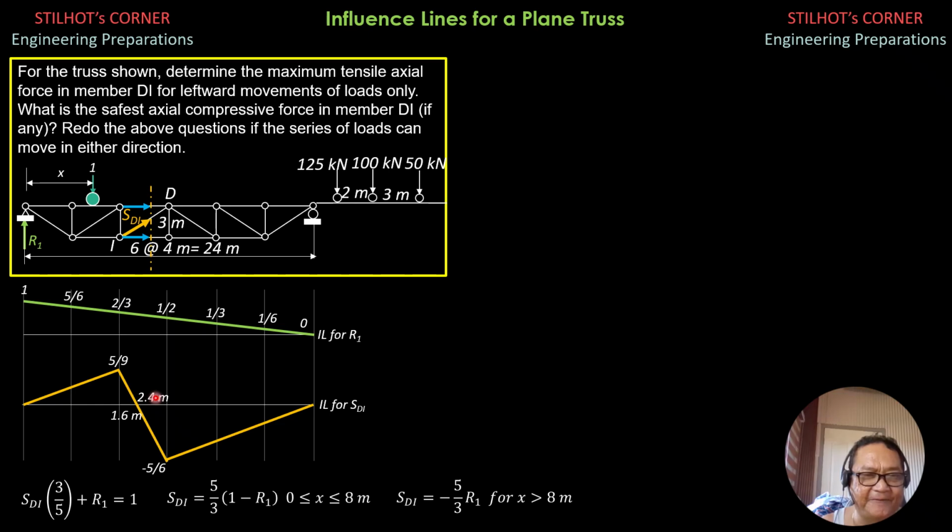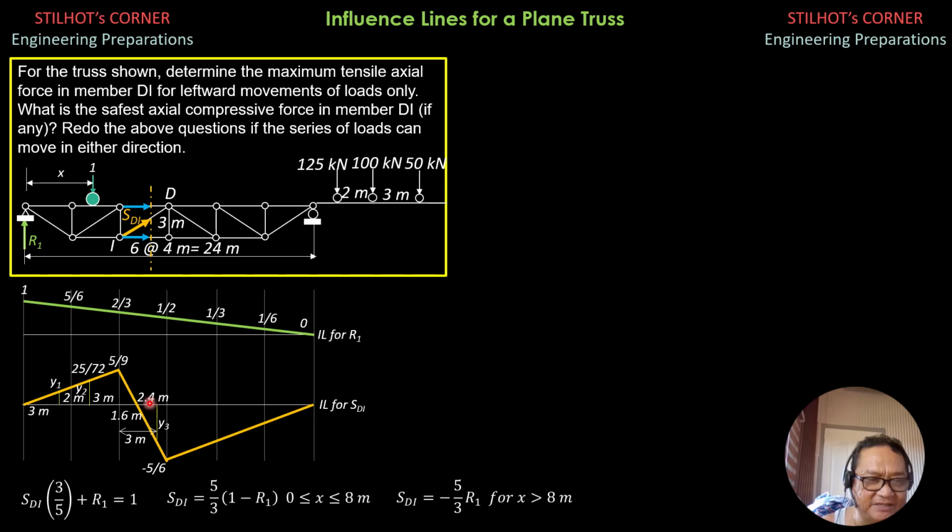Distance of the 50 kilonewton load from this position is 3, so 1.6, that's 1.4. I'll call the ordinate to the influence line y3, that's 3 meters.